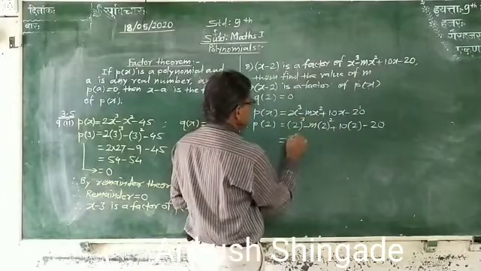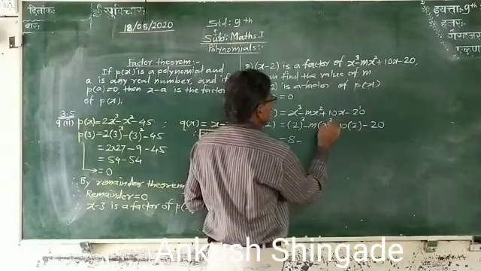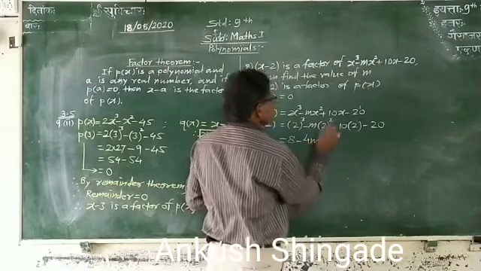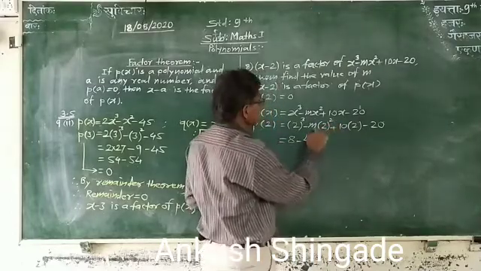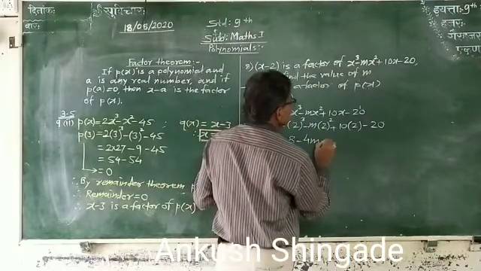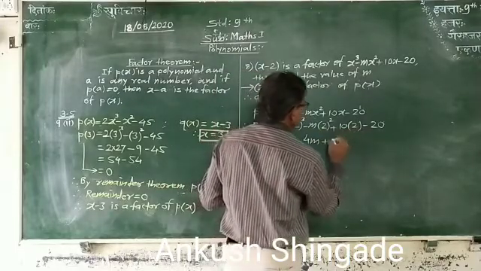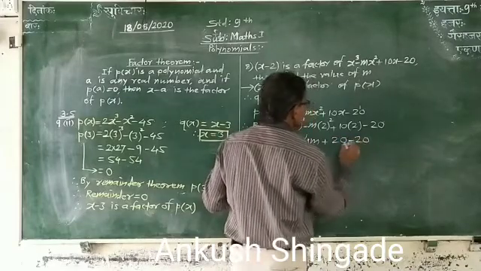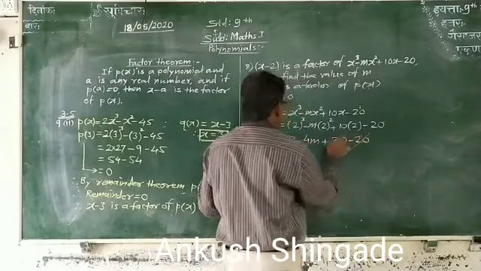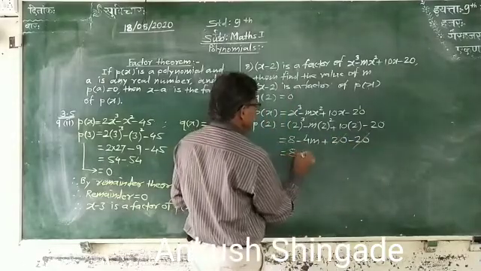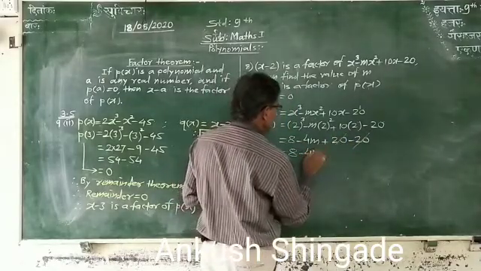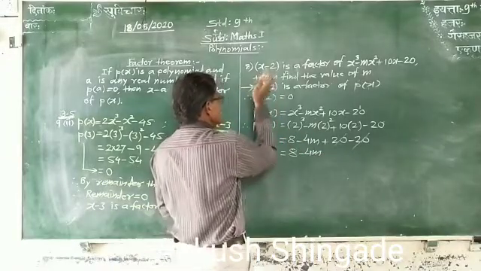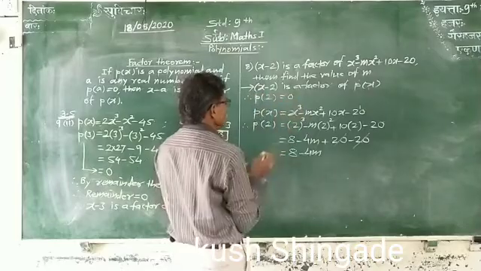Cube of 2 is 8, minus square of 2 is 4, that is 4m, plus 10 into 2, 20, minus 20. Here 20 minus 20 will get 0. Therefore 8 minus 4m. Here the P2, say it as P2.